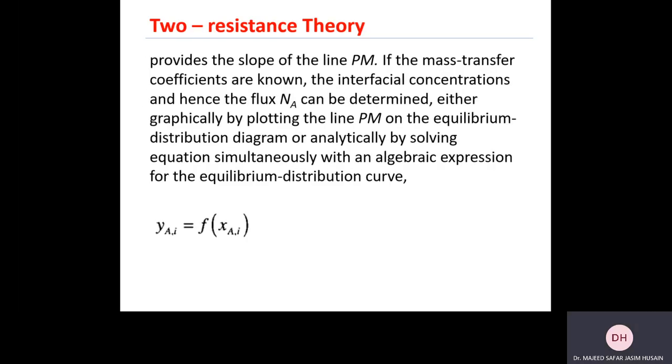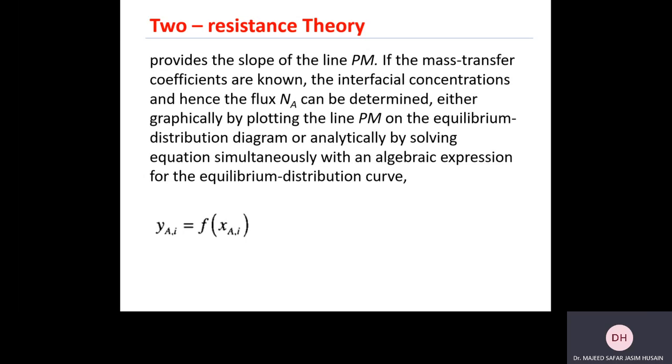It provides the slope of the line PM. If the mass transfer coefficients are known, the interfacial concentration and hence the flux can be determined either graphically by plotting the line PM on the equilibrium distribution curve, or analytically by solving the equations simultaneously.